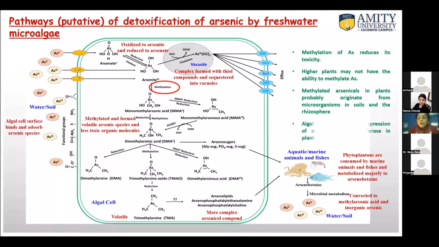So we can transfer this algal gene and express it in higher plants, like rice maybe, which is a very common food, a common grain for us. So we can transfer this methyltransferase gene to the other plants. That is a possibility. That's why we are focusing on this particular gene sequence.